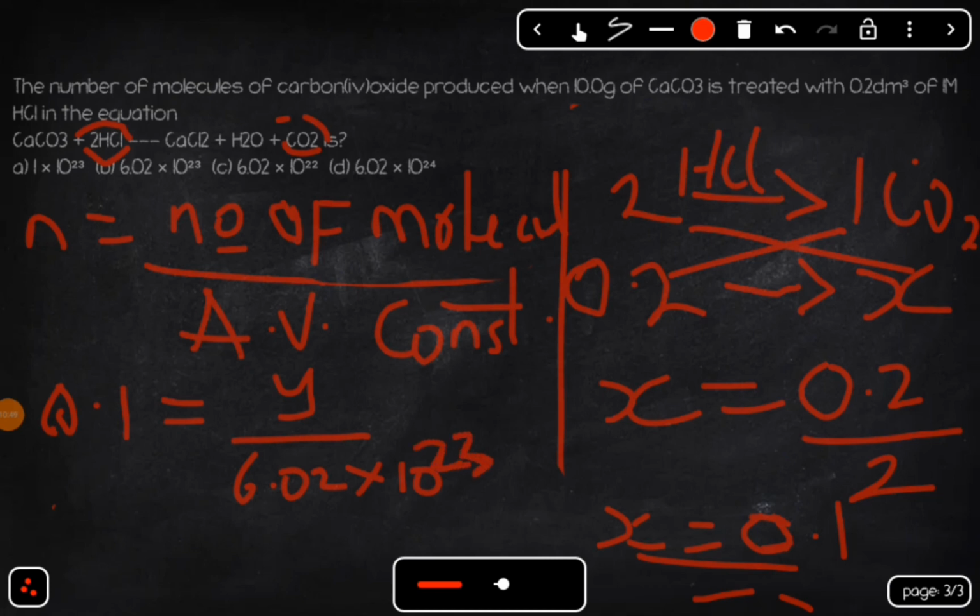So eventually y will be equal to 0.1 times 6.02 times 10 raised to the power 23.